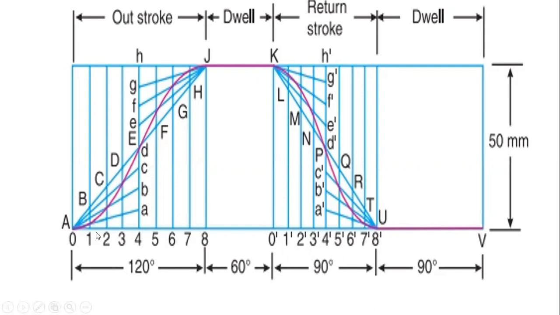Here I have divided the 120 degrees into 8 equal parts, and take the center line, that is the fourth equal part line, and divide the vertical line also into 8 equal parts, as we have done in the outstroke section.